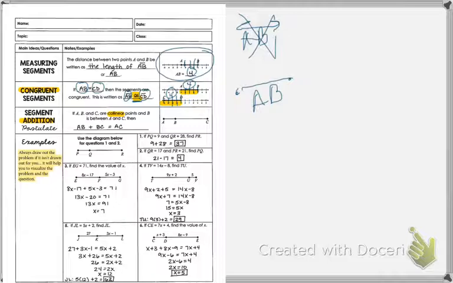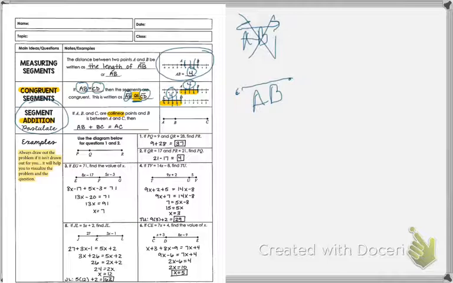Alright, so here comes the part. Here's where all the algebra is going to come in. Segment addition postulate. Okay? And I'm going to tell you, always draw what it tells you. It doesn't matter, I always draw it. If you're a visual person, this is going to help you. So the statement says if A, B, C are collinear, so that means we already know that all the points will be on the same line.